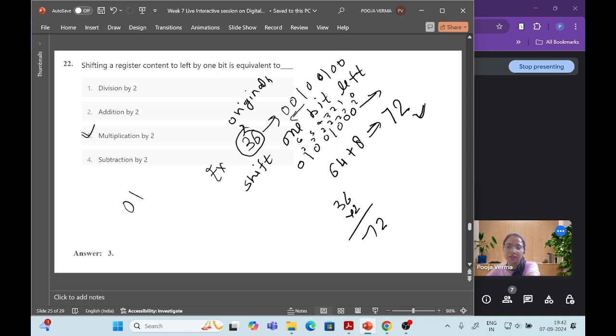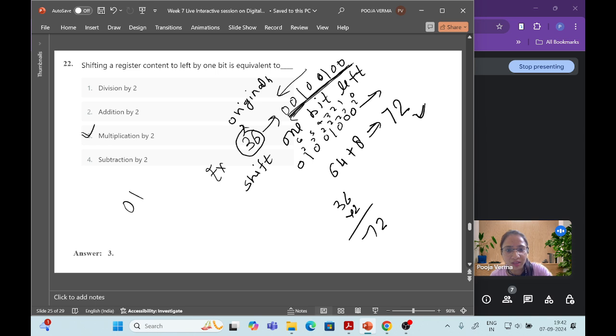Just take any number and find its equivalent decimal number, because we need to check whether it is multiplication or division by 2. So I have taken these binary bits. Now check shifting one bit left, because here it is given shifting a register content to the left by one bit. That means shifting this side, right?